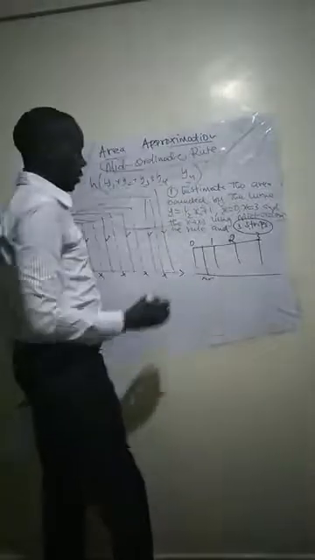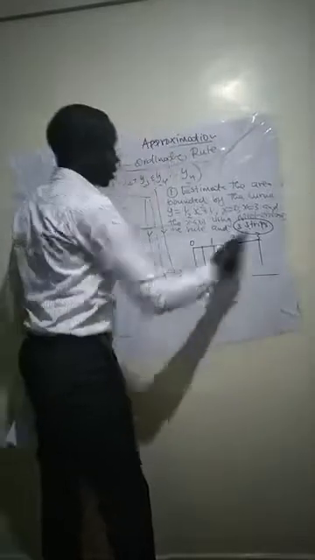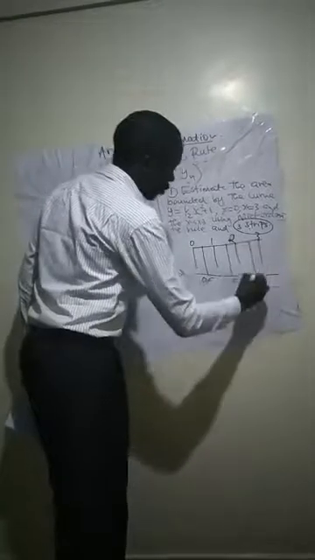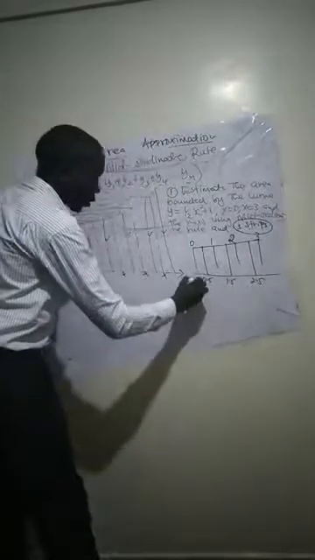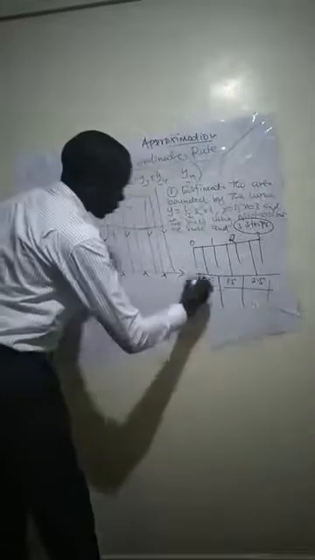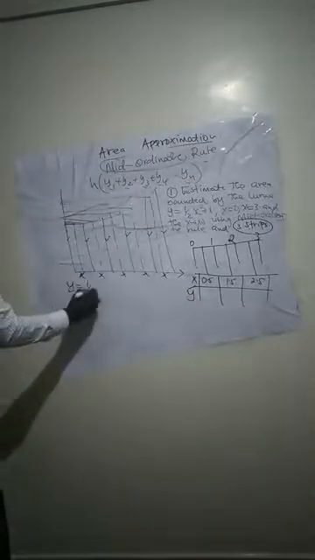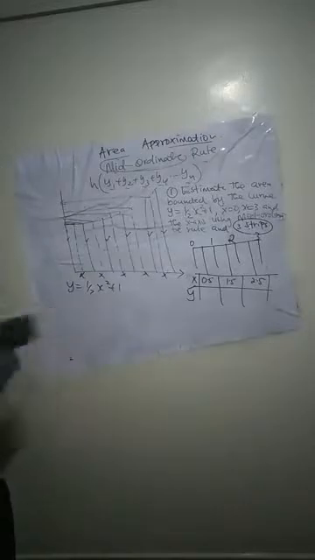1 plus 2 is 3, divided by 2, you have 1.5. And 2 plus 3 is 5, divided by 2, you have 2.5. These are going to be the values of x. From there, you will now be required to get the values of y, and you already have the equation: y equals half x squared plus 1.